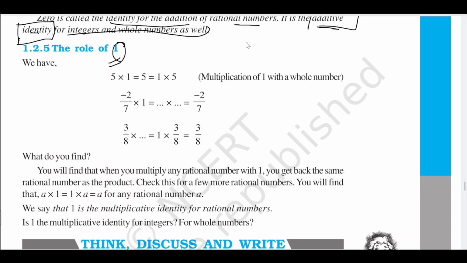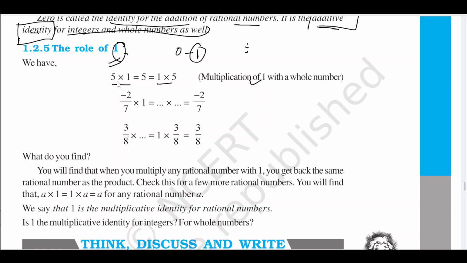That if we add 0 to any number, integer or whole number or natural number, it is going to be the same thing. Nothing is going to change. Similarly, the role of 1. After 0, we will learn the role of 1. If we multiply any number with 1, it is going to have no effect on that number.